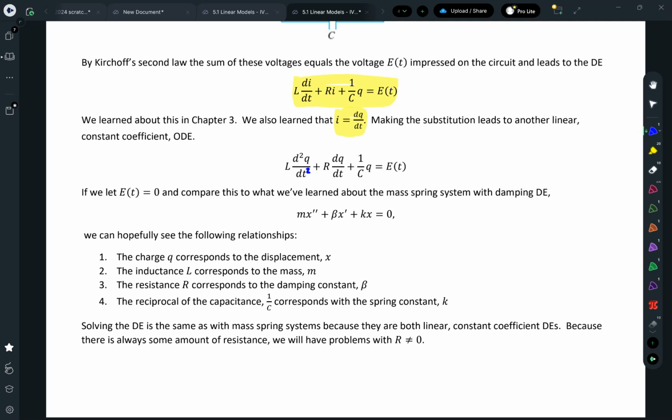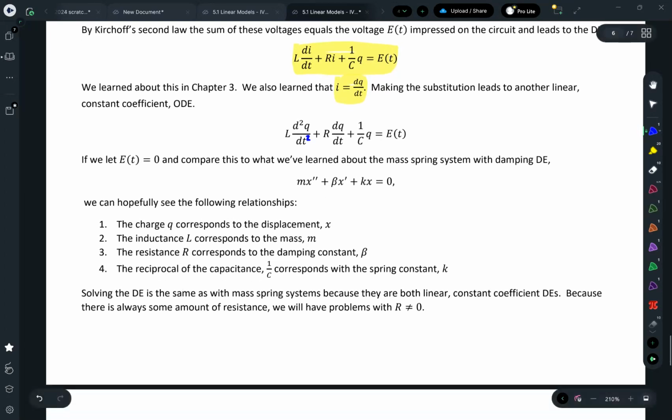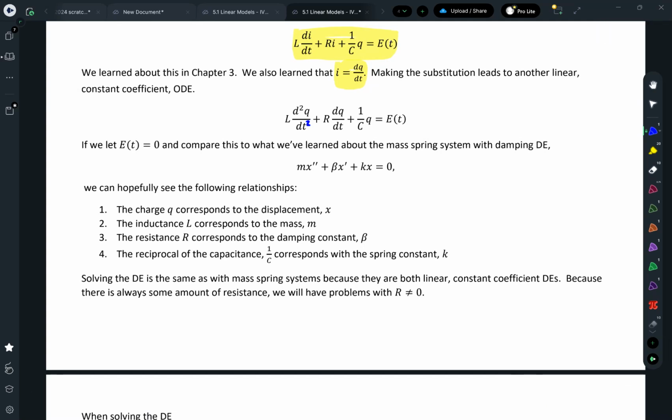The inductance L corresponds to the mass from a mass spring system. The resistance R corresponds to the damping constant beta, and the reciprocal of the capacitance, 1 over C, corresponds with the spring constant k. So we would solve the differential equation the same way we would solve any linear constant coefficient ODE. Okay, no new methods are learned.